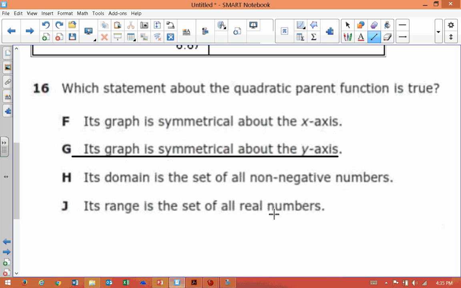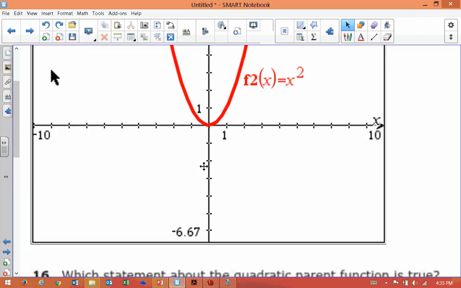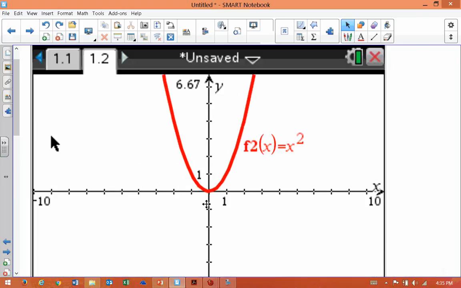What about the range? If the range was the set of all real numbers. That's the domain. Let's look at the range of the parent quadratic function. As you can see, the function doesn't even exist in the negatives.